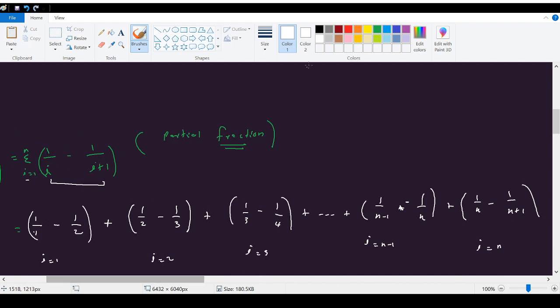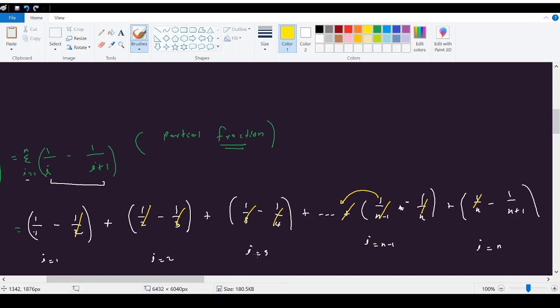Now see, there is a nice cancellation in these terms with this plus and minus stuff. All these terms will be cancelling out with the term before this one. This one will get cancelled out with this one, right?